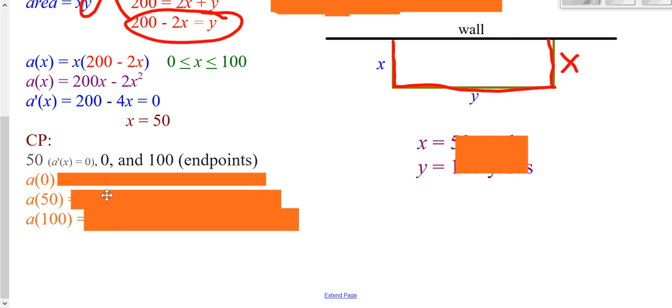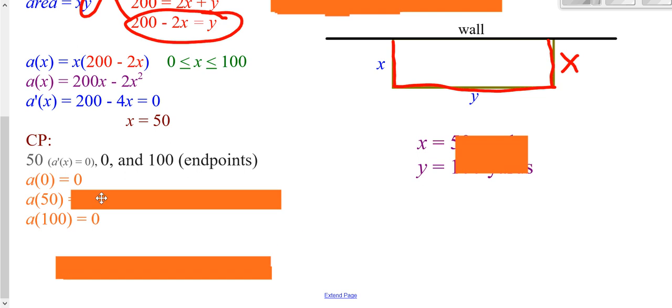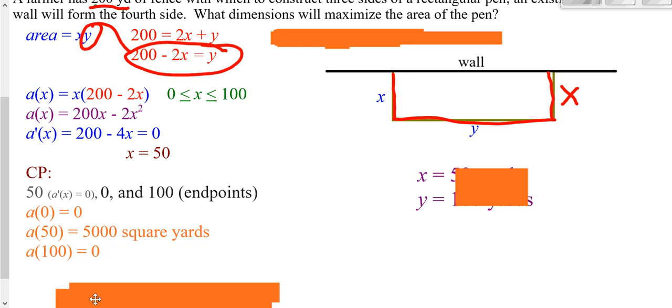And so you plug in 0, well, 0 times anything would be 0, or 100. So those would be your mins, which means you would just have a fence that would be 200 yards long right next to your wall, which wouldn't give you any area. Or if x is 50, plug that into your original function right here, or the purple one, wouldn't make a difference, and we would get 5,000 yards.